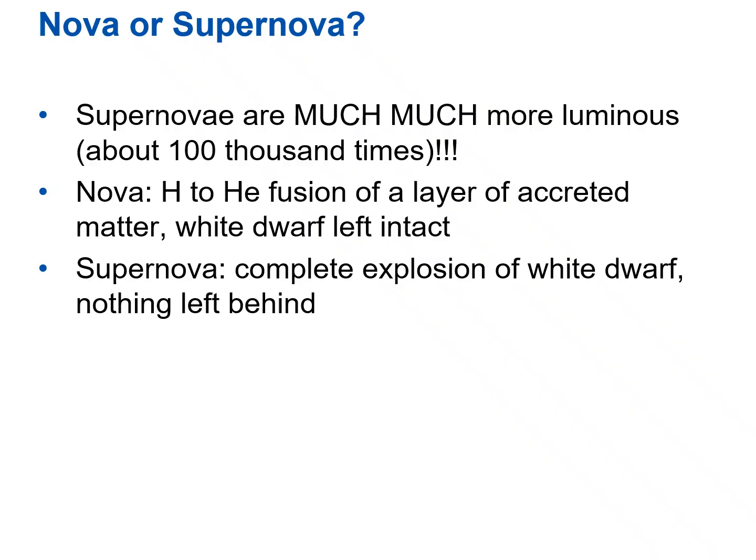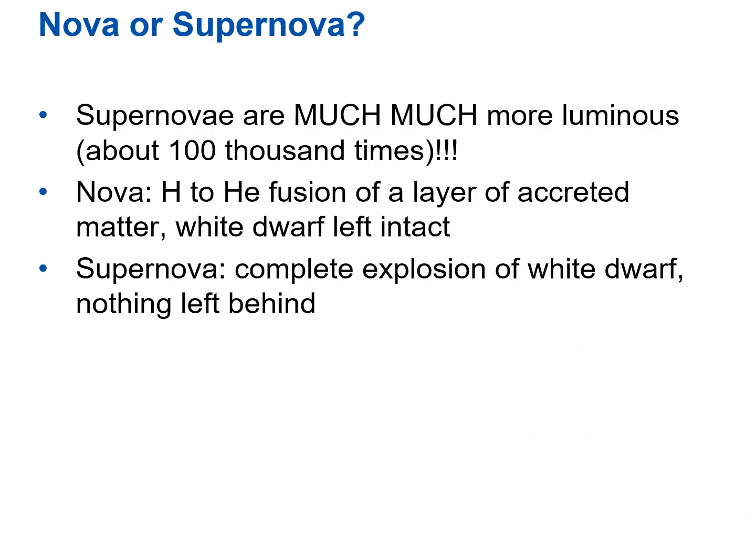So when there is a bright thing in the sky, was it from a white dwarf? Was it a nova or was it a supernova? Well, just the prefix there, super, means it's much, much brighter. So a comparison between them, supernovae are much, much more luminous than novae, about 100,000 times.